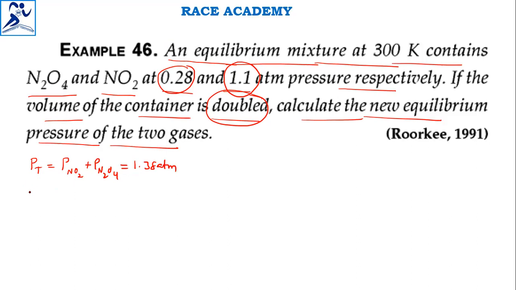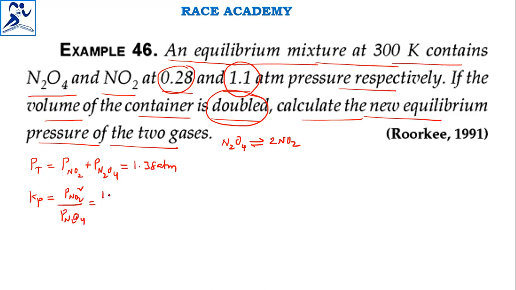an information from these two partial pressures: we can calculate Kp from the given expression. Dinitrogen tetroxide dissociates into nitrogen dioxide. In that equation, partial pressure of NO2 square by partial pressure of N2O4 is the Kp value.